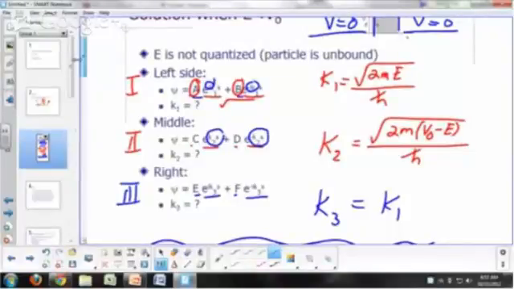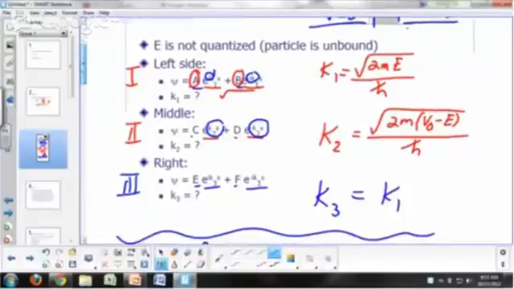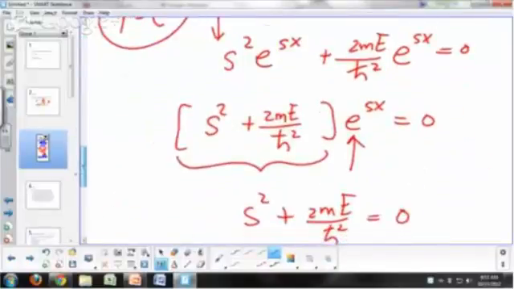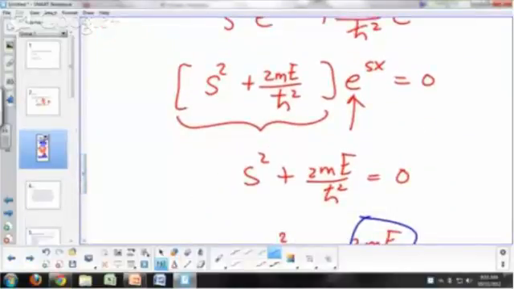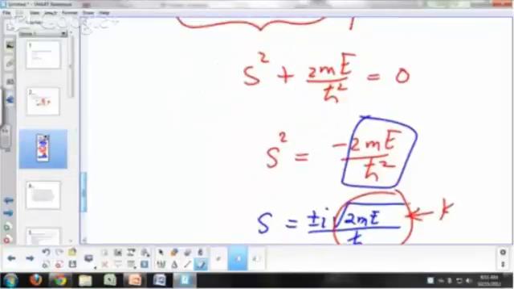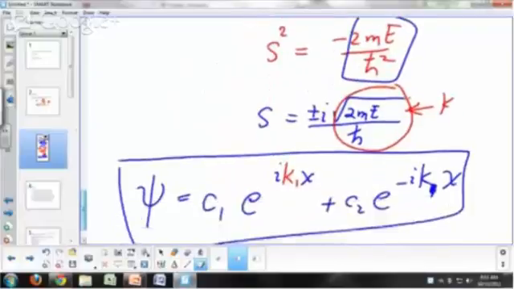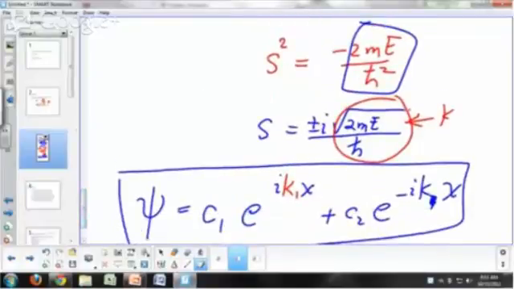Now for the middle of the box, there isn't going to be an i. And the reason for that, once you get to the middle of the box, you basically have the same differential equation, except that when you get to this point right here, what are you going to have? Instead of 2m, when you get to this point down here for region 2, all right?